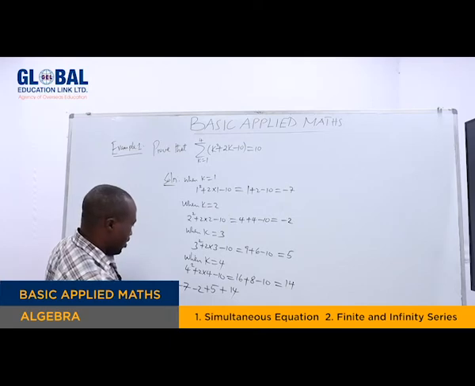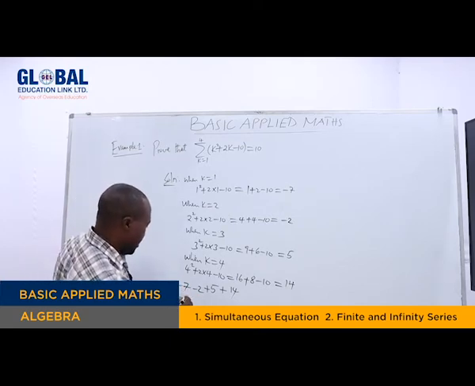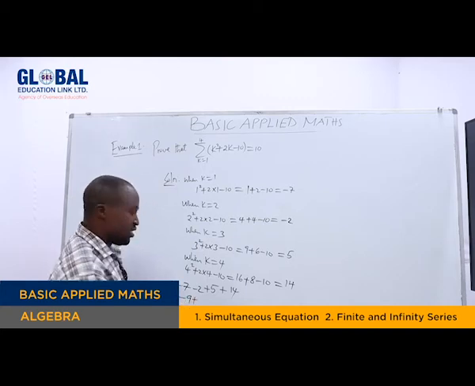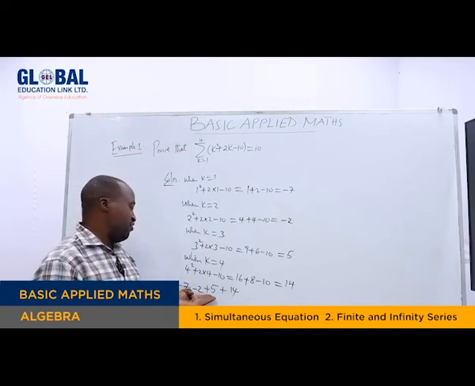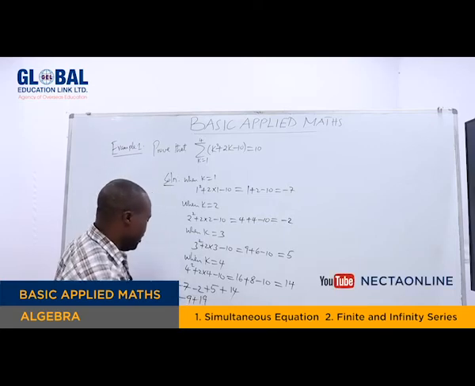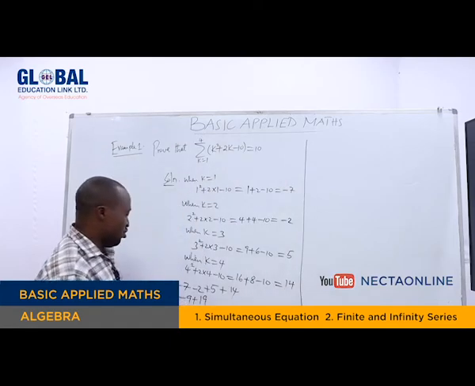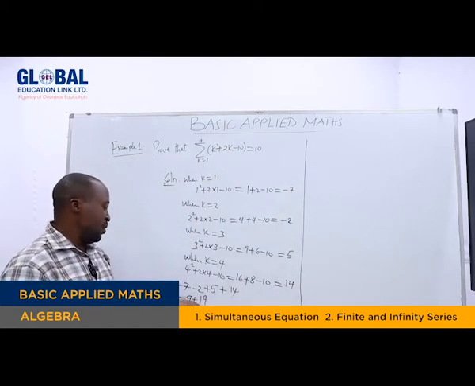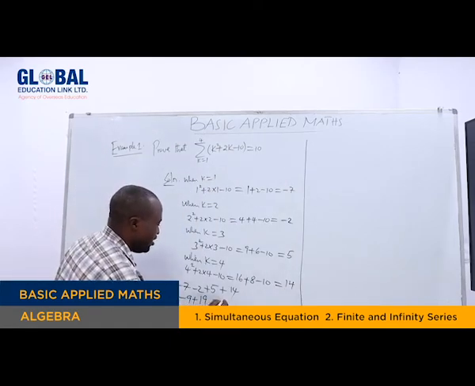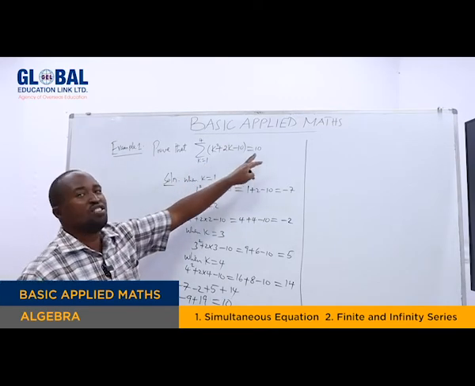So here we have negative 7 minus 2, that is negative 9, then 5 plus 14, that is 19. So here we are going to have negative 9 plus 19 is equal to 10. Therefore, it is true that this expression is equal to 10.